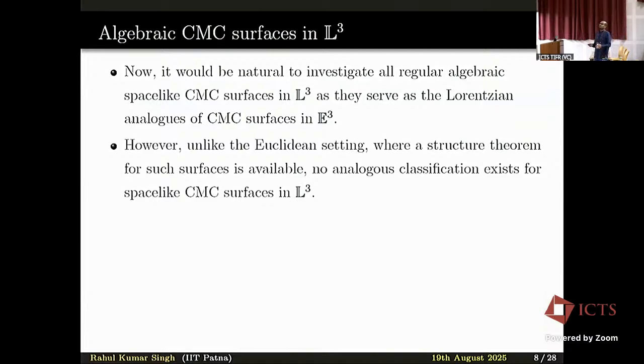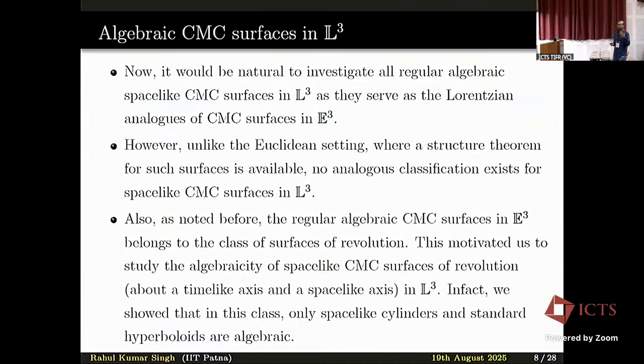So we do not have a classification of that sort for regular space-like CMC surfaces in L3. But as I mentioned before, what we realized is that those examples, the sphere and the cylinders, were surfaces of revolution also, and they were algebraic. They are the only examples.